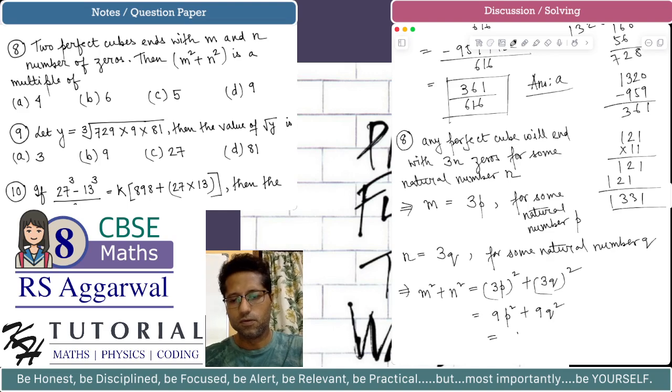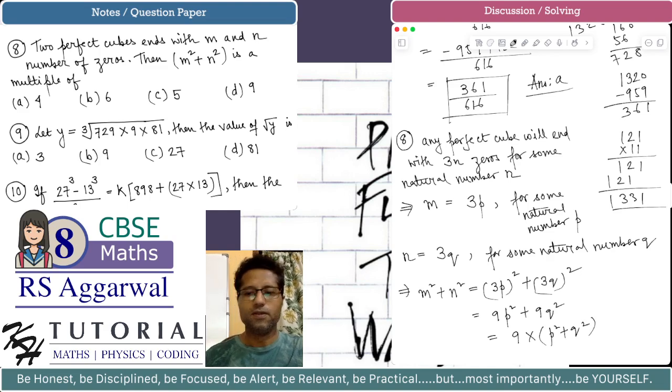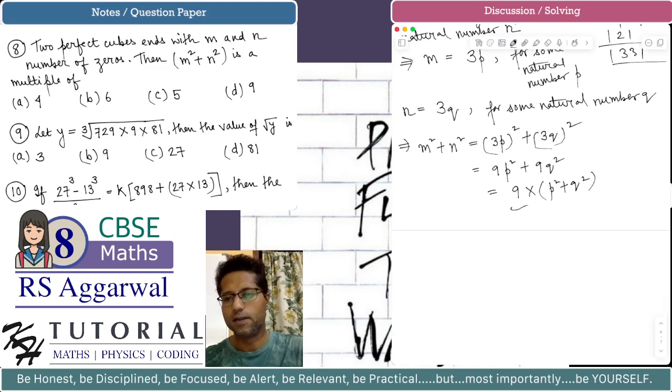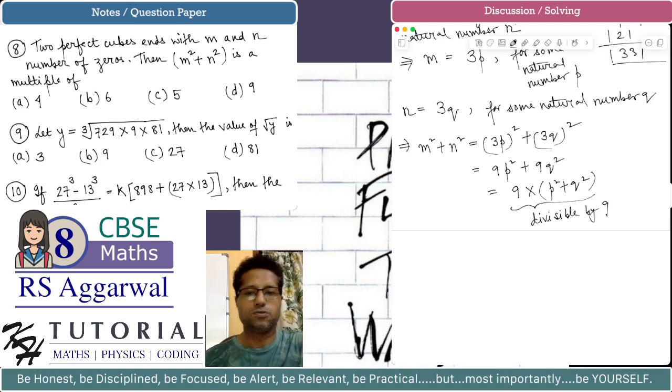If you take 9 common, we have 9 into p square plus q square. We do not know what p and q are, but we can definitely say that this is divisible by 9. So the correct choice is D.